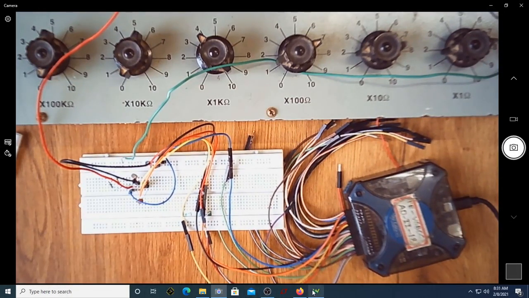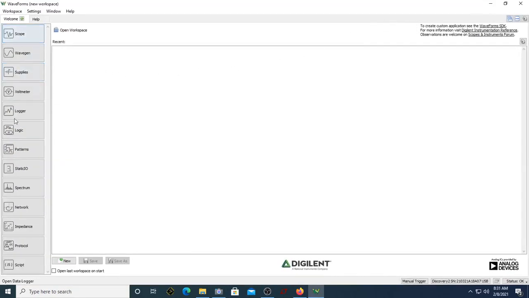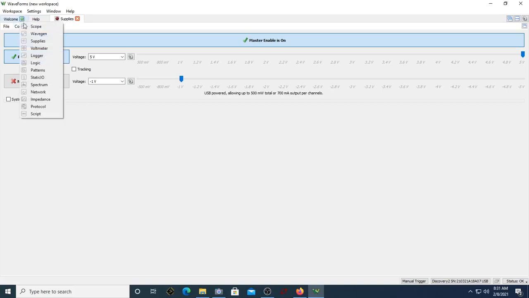So let me go to waveform and then try to apply the signals. Let me apply a supply voltage of 5 volts. Now I'm applying 5 volt. It is not required. You can make this on. Now supply is provided. Let me try to measure the voltage at the collector. I have connected channel 2 at the collector point. So I'll select scope.